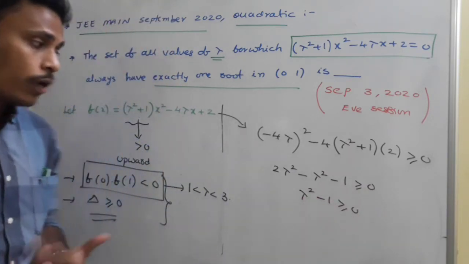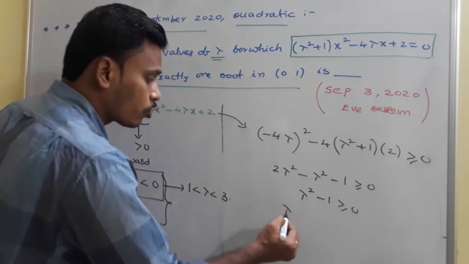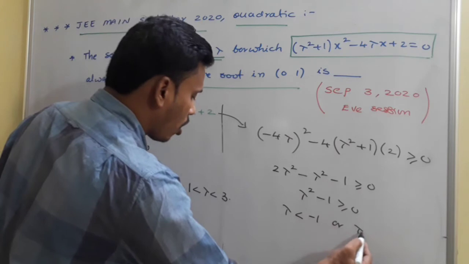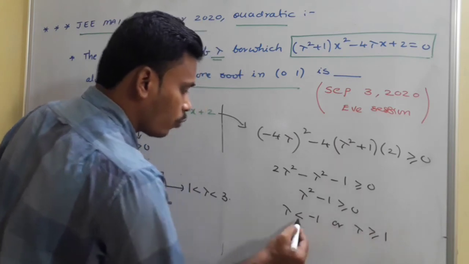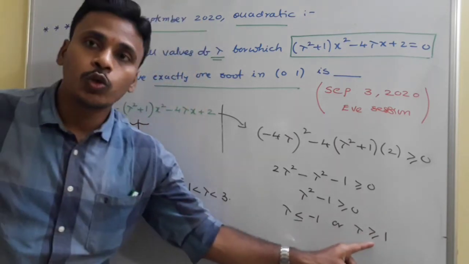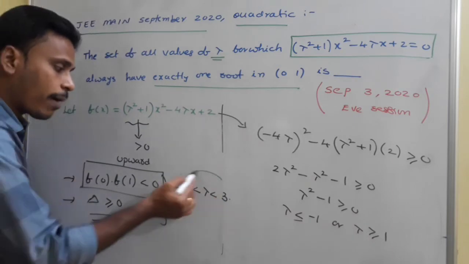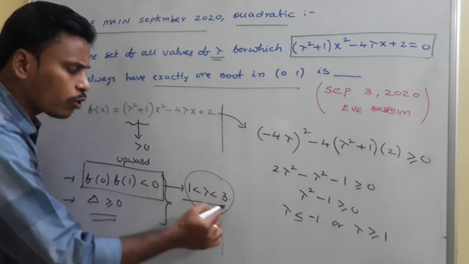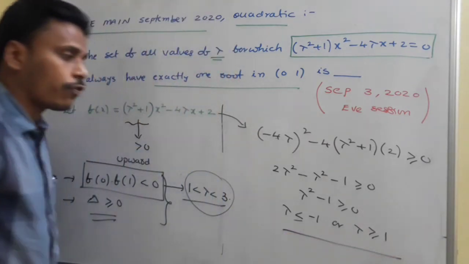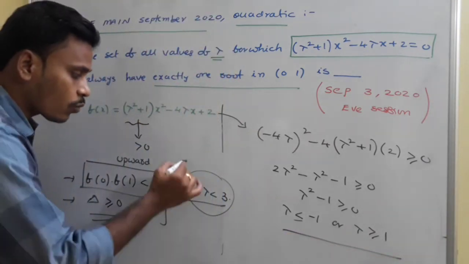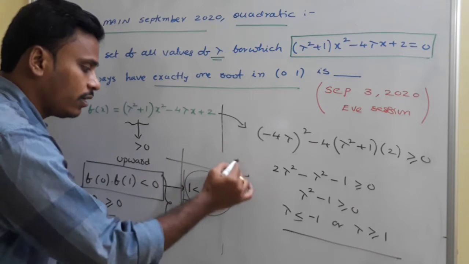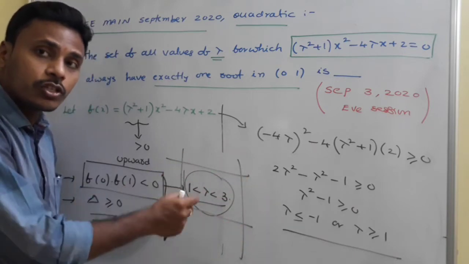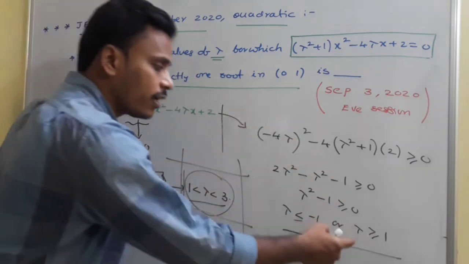Is it clear? So lambda square minus 1 greater than or equals to 0, in the sense the values of lambda are what? Less than or equals to minus 1 or greater than or equals to 1. See here the lambda values are greater than or equals to 1. Here lambda values are in between 1 and 3. So when you think about the intersection, the common region of these two solutions, this 1 less than lambda less than 3 is the smaller set of values which strictly is in this region.